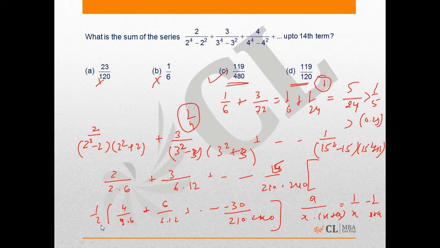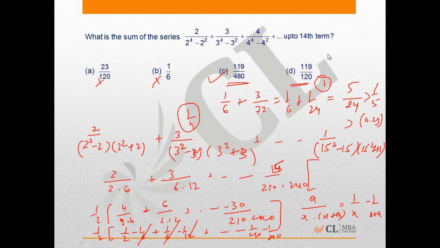So similarly this expression can be written as 1 by 2 minus 1 by 6 plus 1 by 6 minus 1 by 12 and so on, 1 by 210 minus 1 by 240. 1 by 6 will be cancelled by 1 by 6. Similarly 1 by 12 will be cancelled by 1 by 12 of the next term.